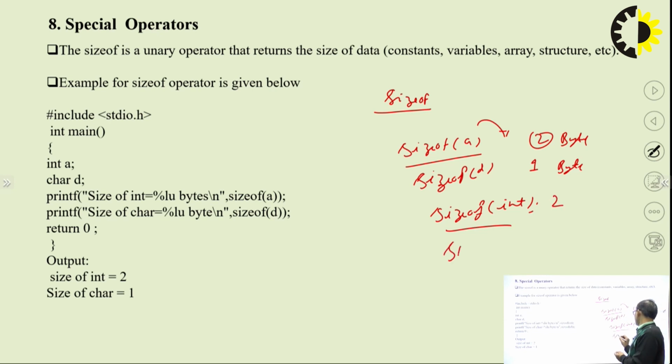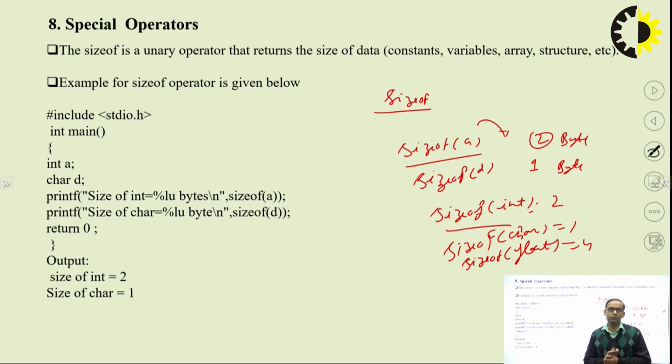Then again, if I apply it on char, it will print 1. If I use sizeof float here, it will return 4. So the sizeof operator is a special type of operator in C programming, and it is used to find the size of a particular variable or a specific data type.